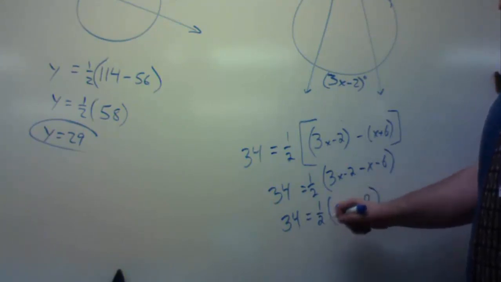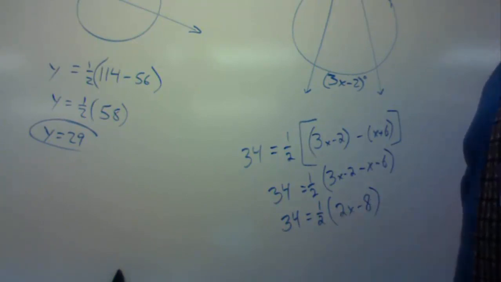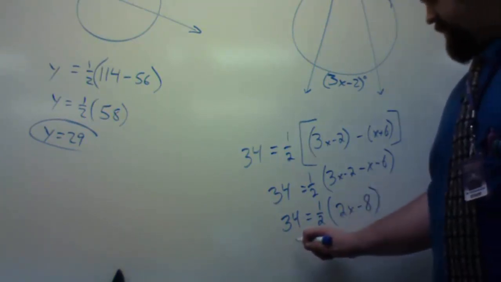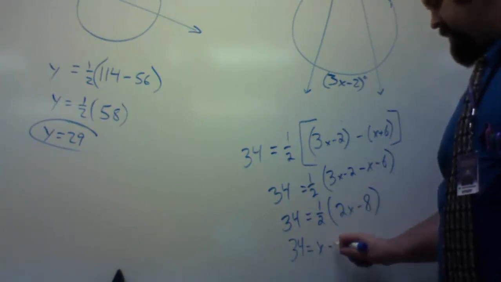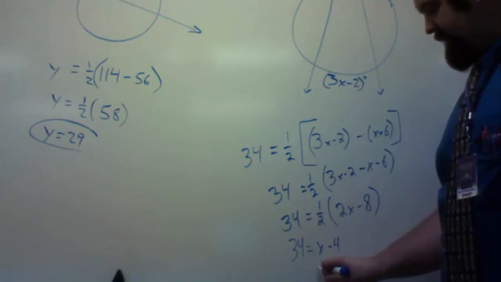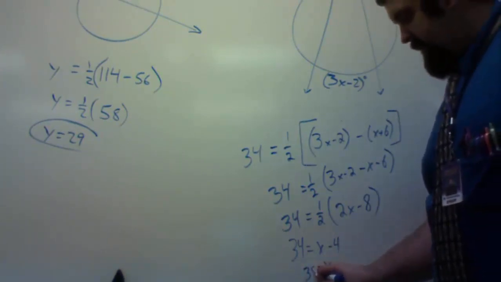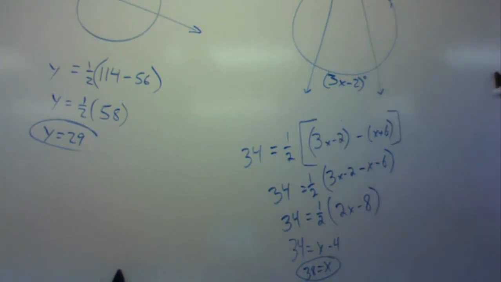I could distribute 1/2 here, or I can multiply both sides by 2. Because 2x and 8 are both even, let's distribute. 34 equals x minus 4. Solve for x, add 4 to both sides, x is 38. And that's all there is to it. The hard part is setting it up correctly.